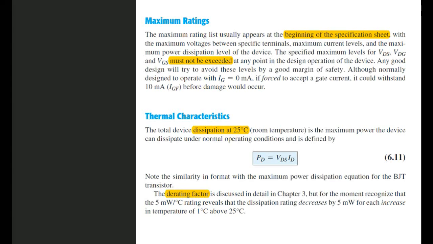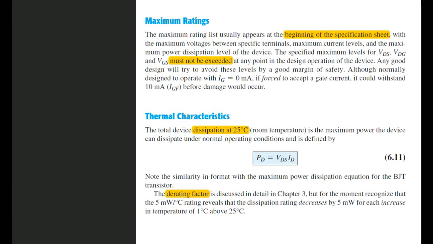If you exceed the maximum rating, then your device will not work properly. It may burn out. It will go to the breakdown state. I have also highlighted it here. So please, you do not need to exceed the maximum ratings if you want your device to work properly. These things I think are obvious to us.